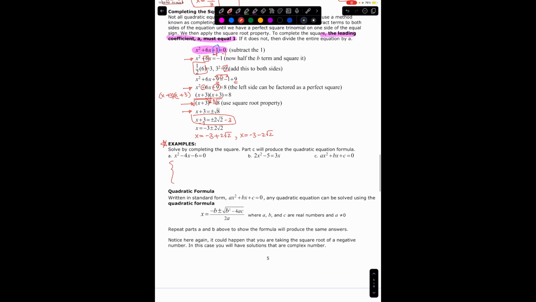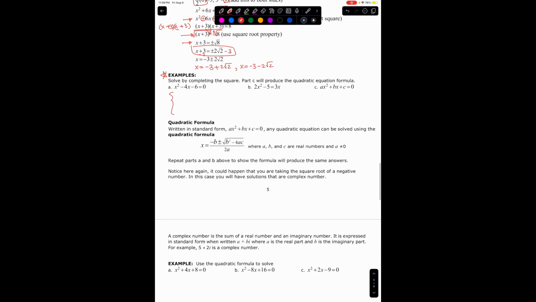So now that we have the quadratic formula, we know where it came from. The quadratic formula is basically a way of solving quadratic equations when every other method fails. So if we have a quadratic equation of the form ax squared plus bx plus c, that is any quadratic equation, it can be solved using the quadratic formula if we substitute the a, b, and c.